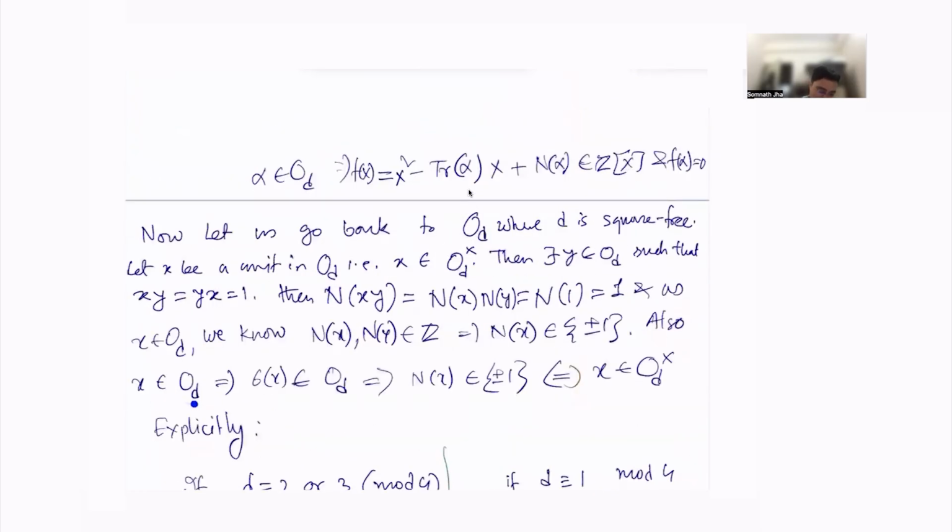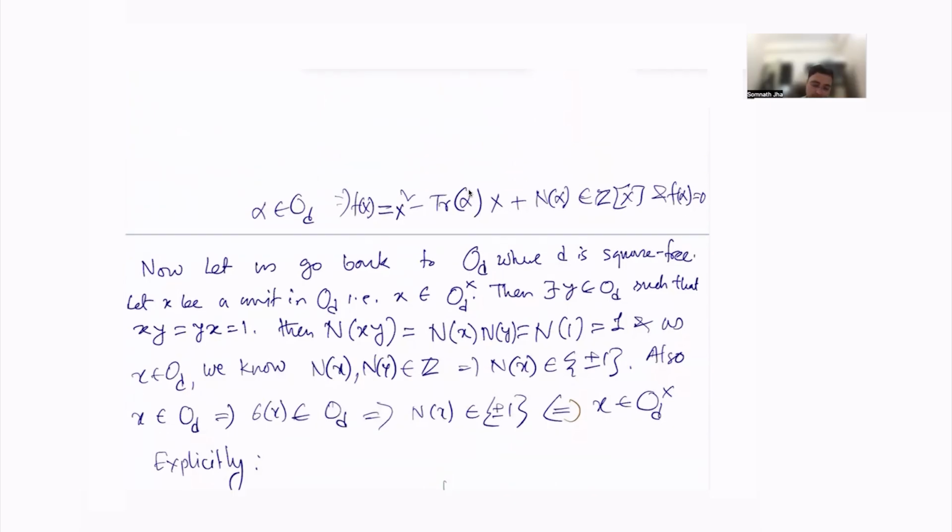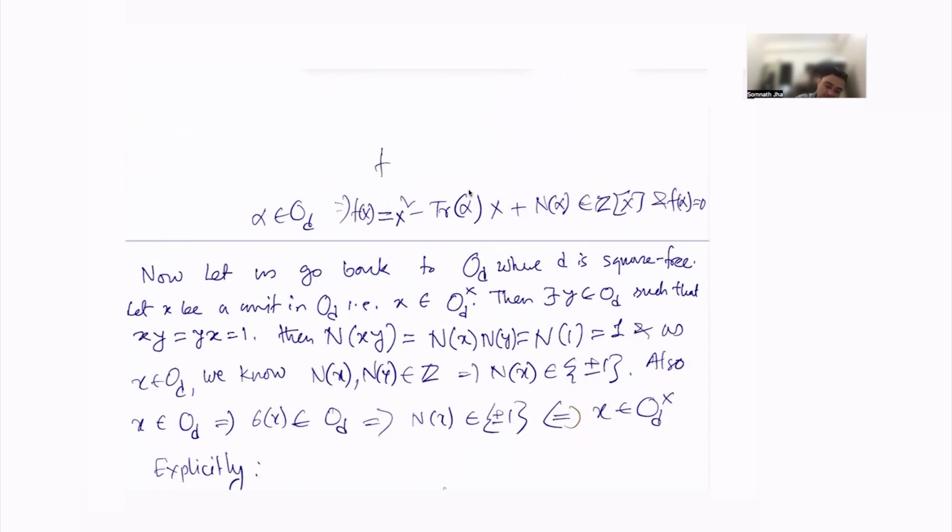Also, x belongs to O_D implies sigma x is also in O_D, because sigma x will also satisfy the same polynomial, right? So f of sigma alpha is also equal to 0.